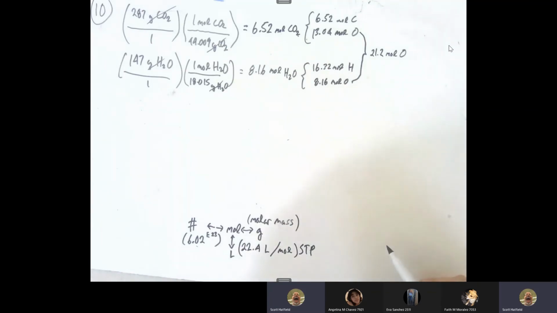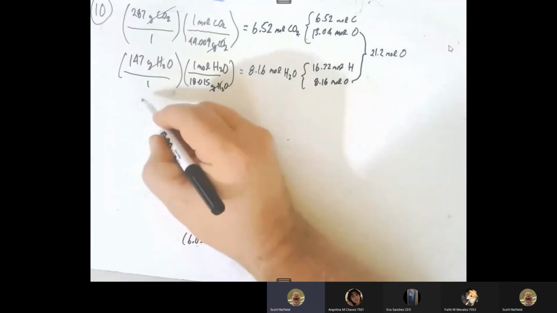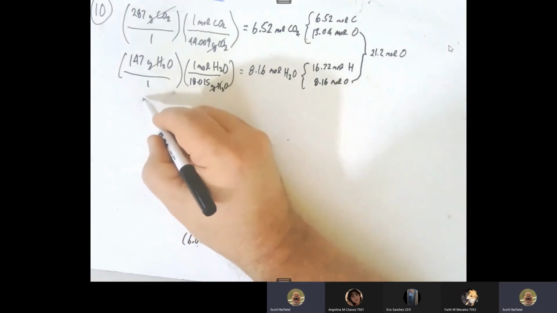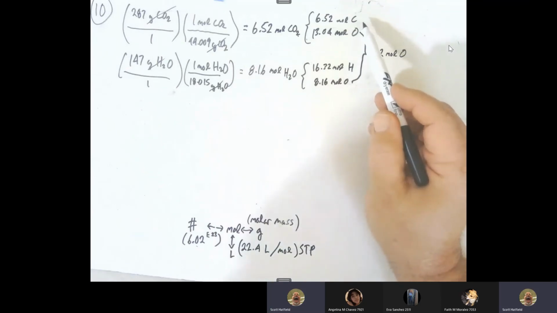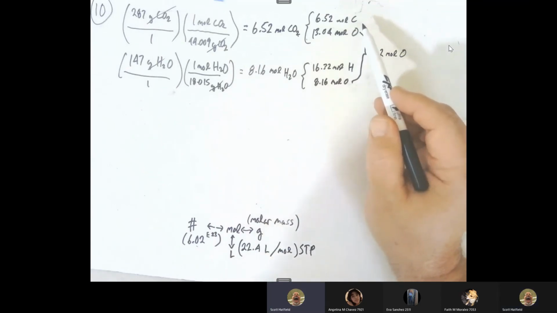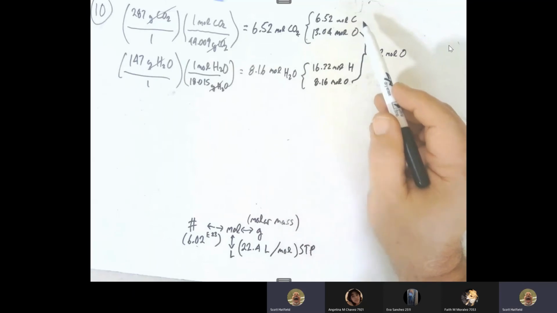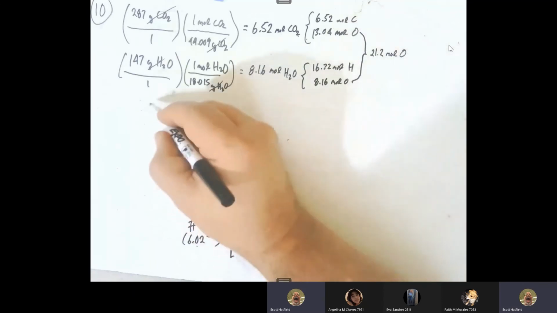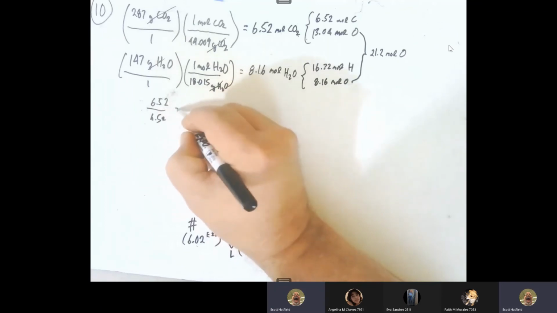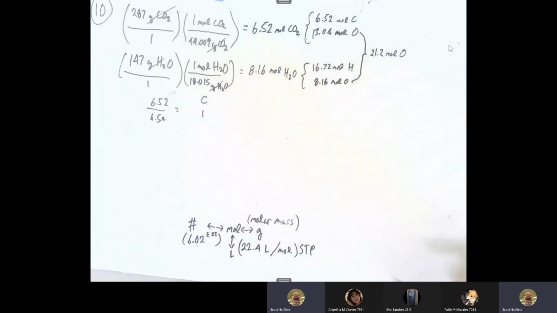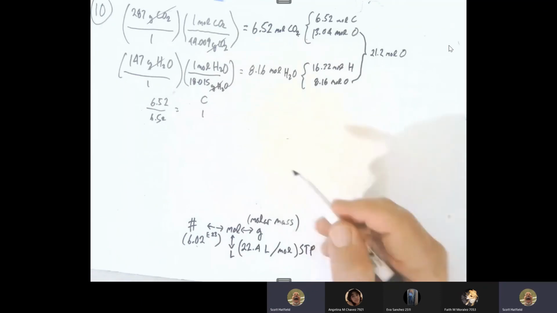Okay, so now I'm ready to do some math as far as the relative numbers of all the substances here. My smallest amount is actually the moles of carbon. So if I divide 6.52 by 6.52, that's just going to be 1. So the number of carbons is just 1.